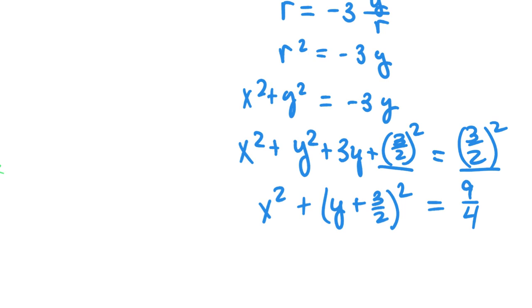So that tells you you have a circle that went down 1.5. It has a radius of 1.5. Here, you keep the y.